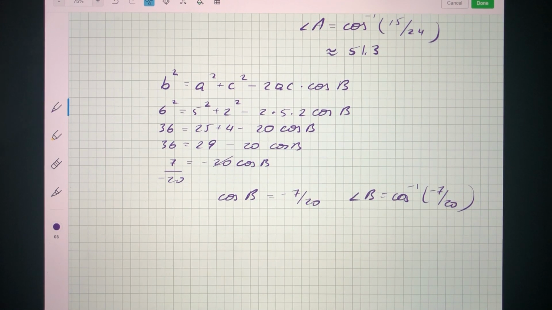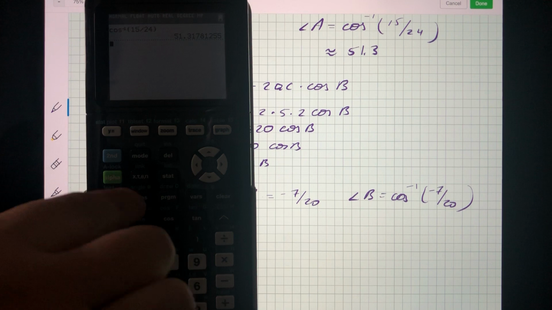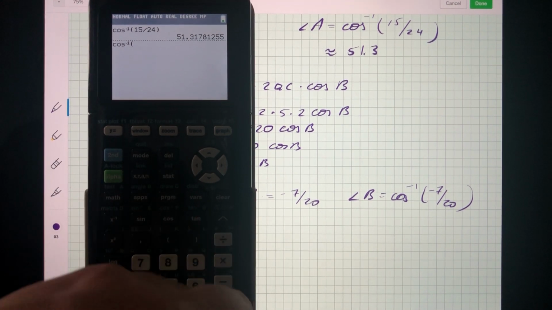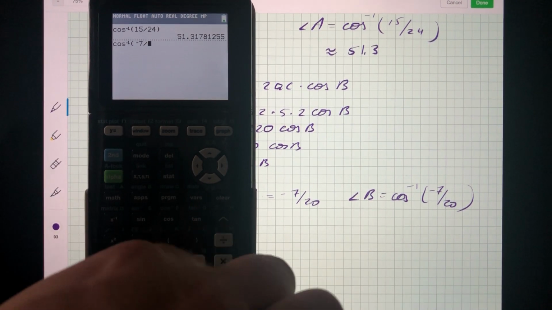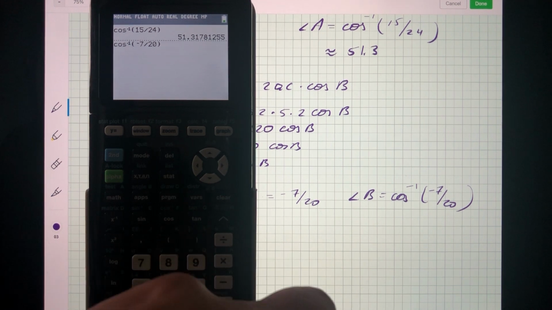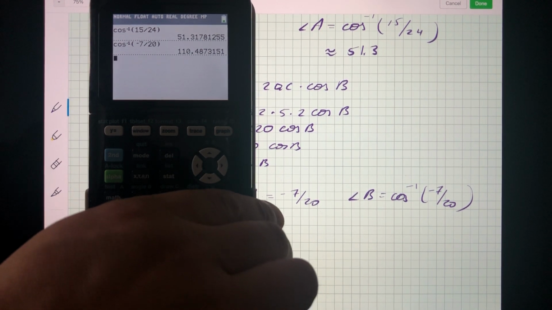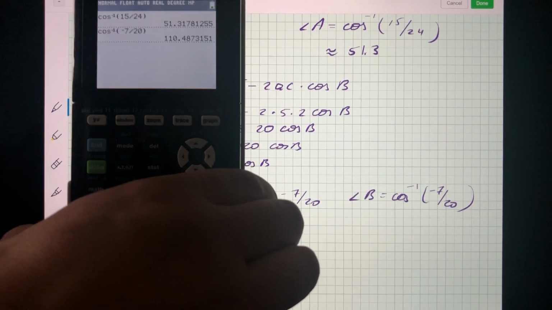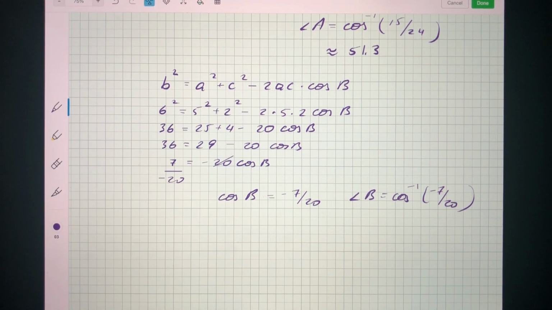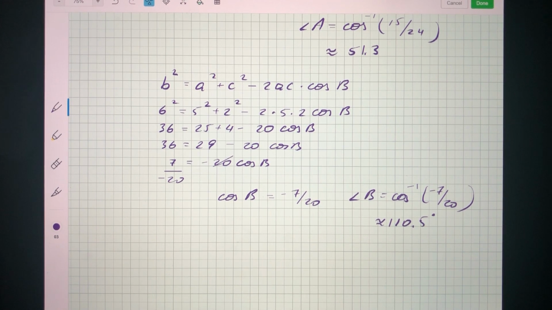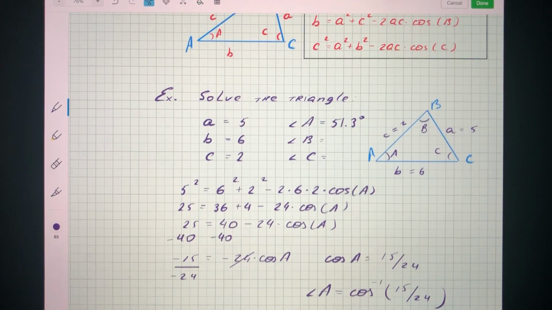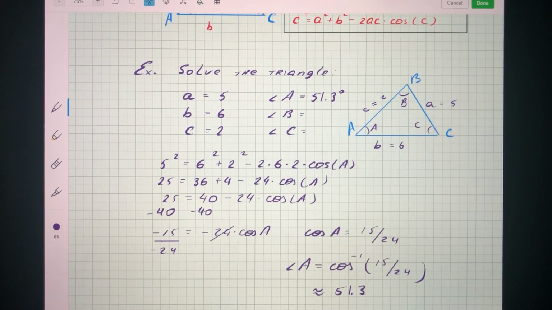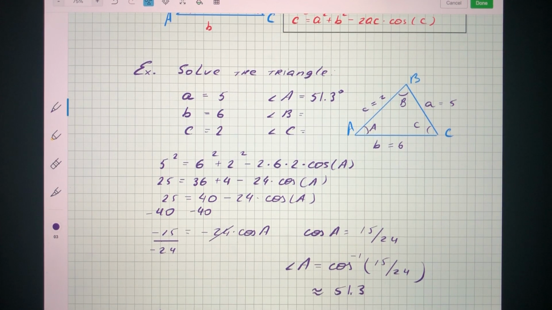So the angle B happens to be second cosine inverse, negative 7 divided by 20, which is 110.48. So let's call this 110.5, approximately 110.5 degrees. Now we have two angles out of 3, which means we can use 180 minus the first 2 to get the missing angle.